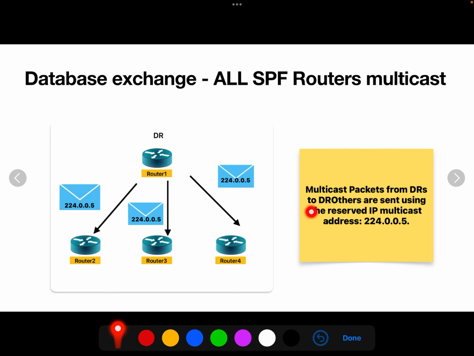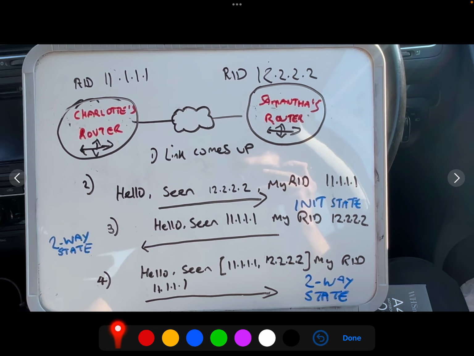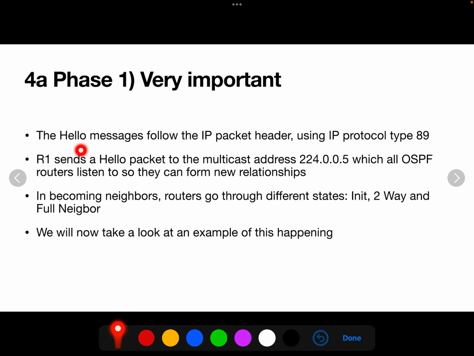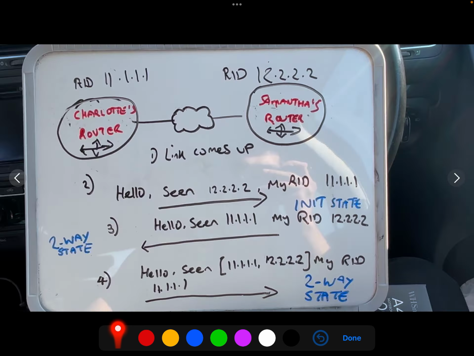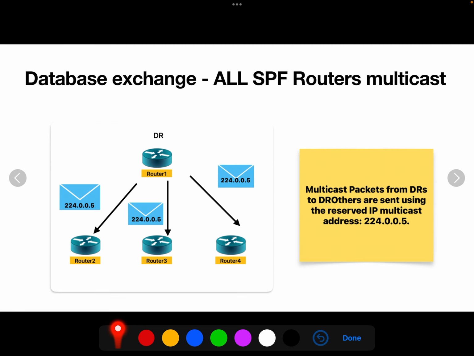So multicast packets from the designated router to the DROthers are sent using the reserved IP multicast address 224.0.0.5. These routers here want to form new relationships. That's why they're listening to messages being sent to this reserved multicast IP address, 224.0.0.5. Router 1 here is the designated router I'm referring to. That's why it says DR here.